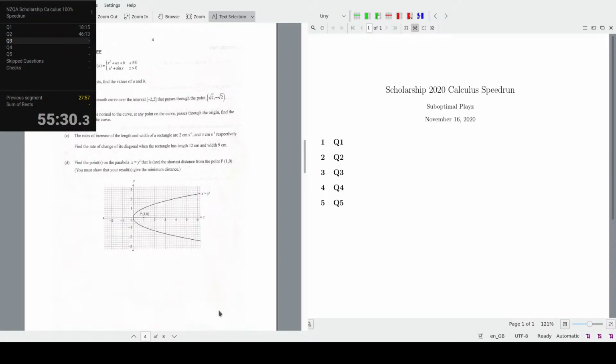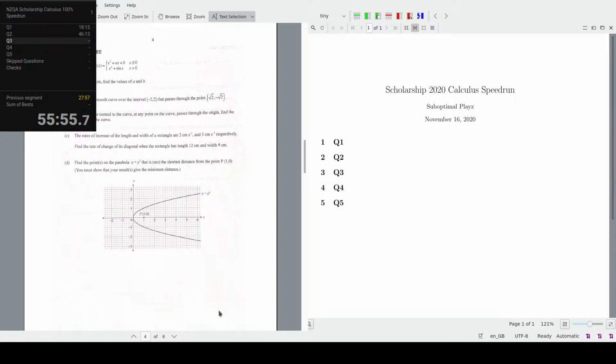You get d squared is equal to w squared plus l squared by Pythagoras. And then you just differentiate both sides with respect to time. So you get 2d dd on dt is equal to 2w dw on dt plus 2l dl on dt.